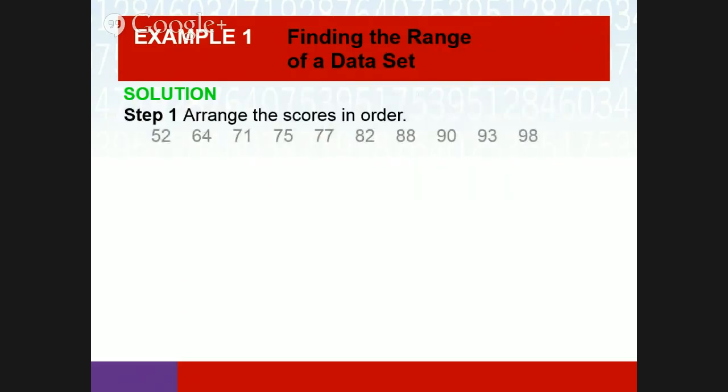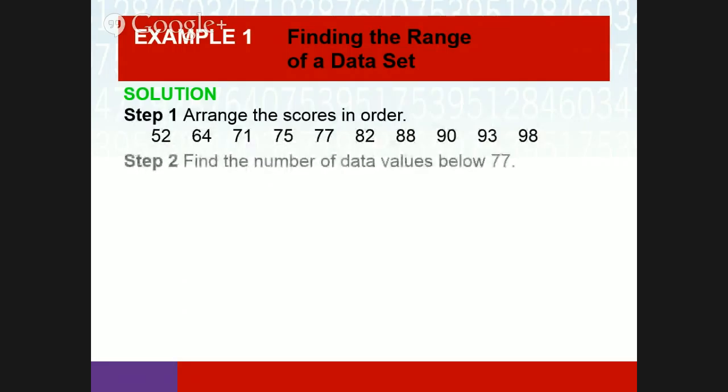So the first thing you want to do is arrange them from smallest to largest. So this is where you fall. So the first step is to write them in order. The second step is to find the number of data values below 77.